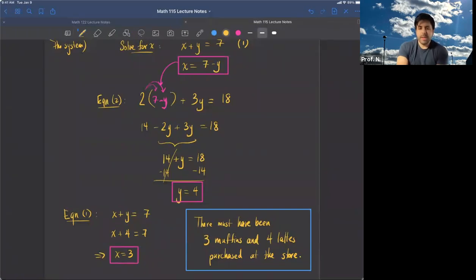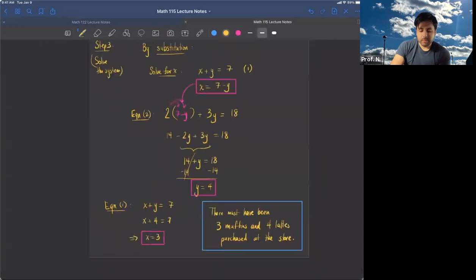Do you see the power behind solving systems of equations? It's an extremely powerful tool, especially when we talk about bigger systems, not just a 2x2 system. This is like the smallest kind. When you talk about bigger 3x3, 4x4, 10x10, it gets very, very useful.